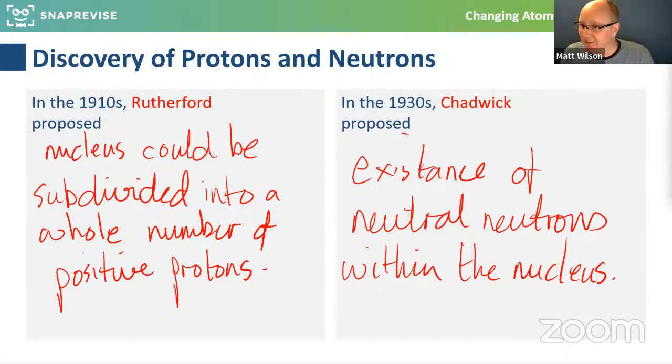I guess because they're much harder to detect. Having no charge makes them more difficult to detect and prove the existence of. The model of the atom hasn't changed too much since. There have been some further developments of quantum mechanical descriptions by Schrödinger relating to the positioning of electrons and so on. But fundamentally, the nuclear model of the atom is now the modern understood model of the atom that we use.